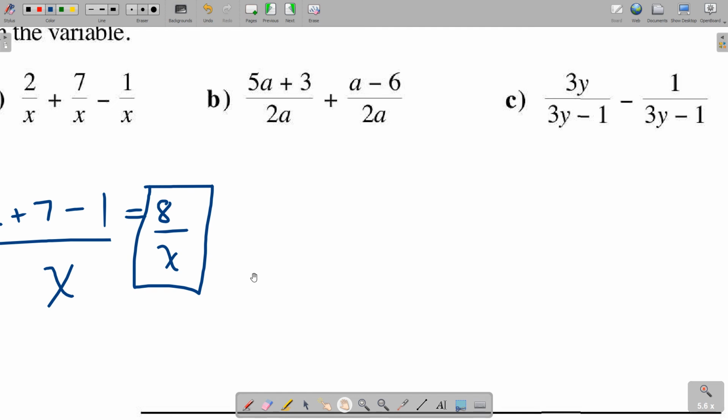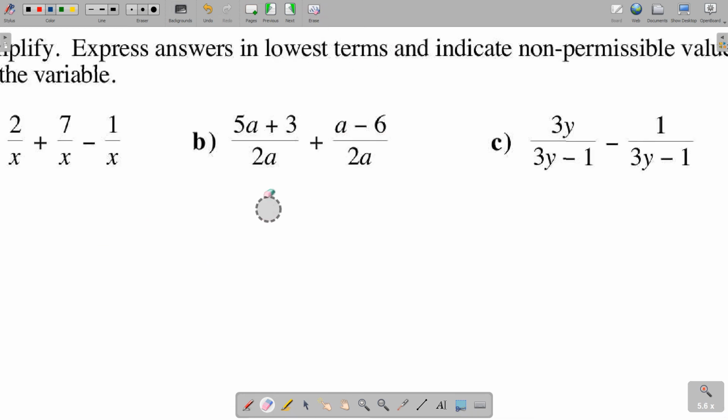Okay, next example. We have 5a plus 3 divided by 2a plus a minus 6 divided by 2a. Conveniently, same denominators, yay, but before we begin that, we have to consider our restrictions. Monomials. A cannot be 0.